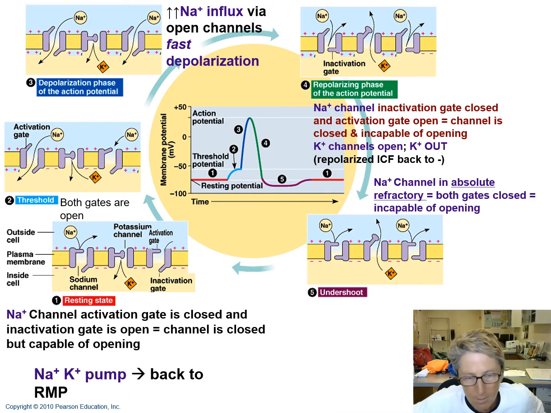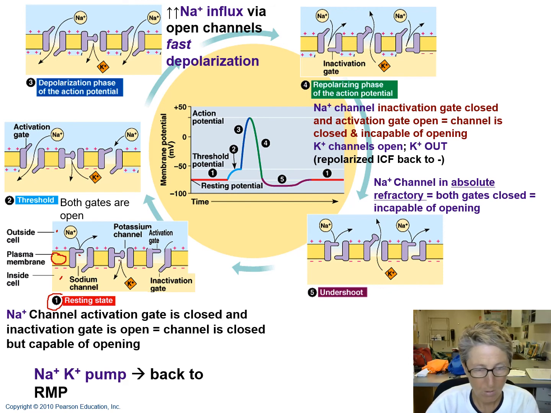Okay, this is a great cartoon because it shows a lot of detail. If we start down here at number 1, this is the resting state. Here's the plasma membrane of the neuron. Here's the outside of the cell in blue, inside of the cell in yellow. It shows your sodium channel. The channel has the gates in it. In the resting state, the sodium channel gates are closed, but they're capable of opening.